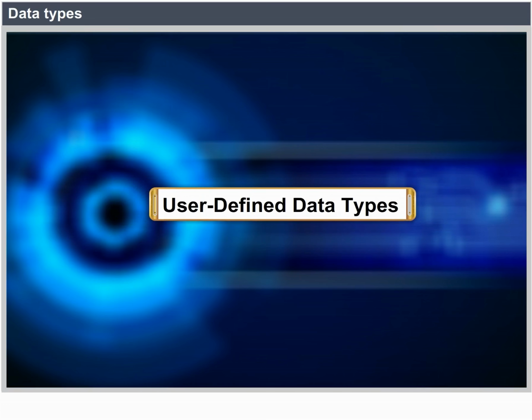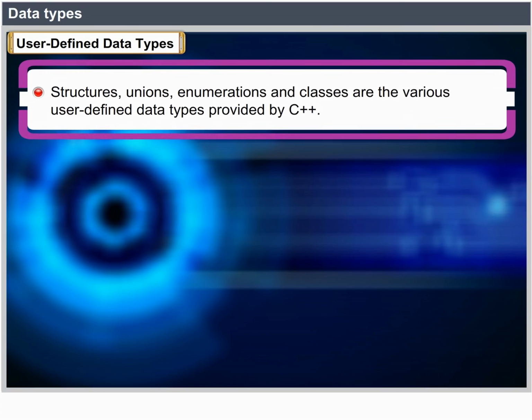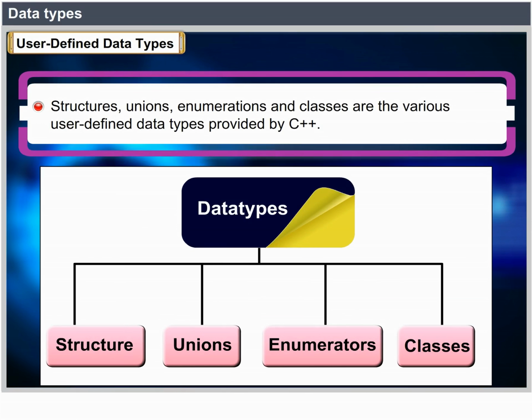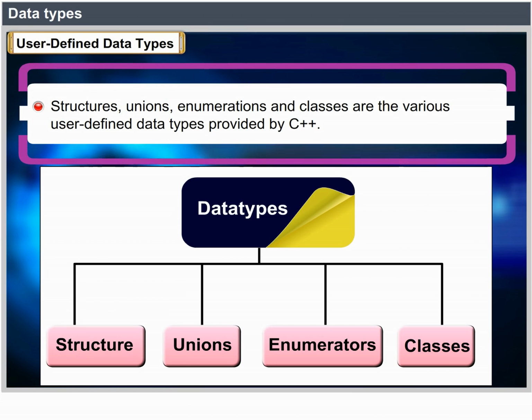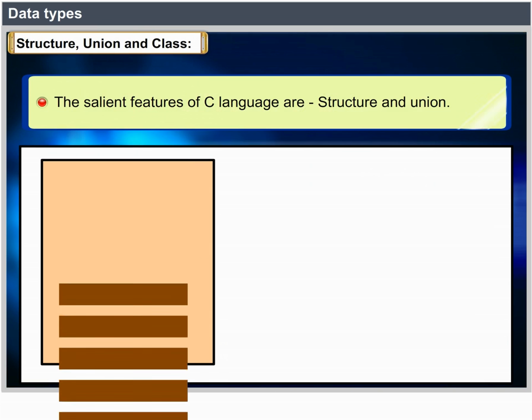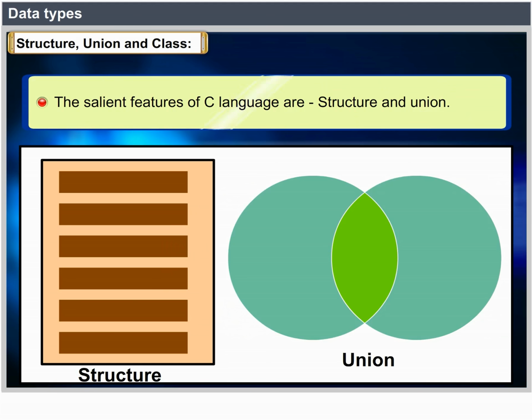User-defined data types. Various user-defined data types provided by C++ are structures, unions, enumerations, and classes. Structure, union, and class. Structure and union are the significant features of C language.